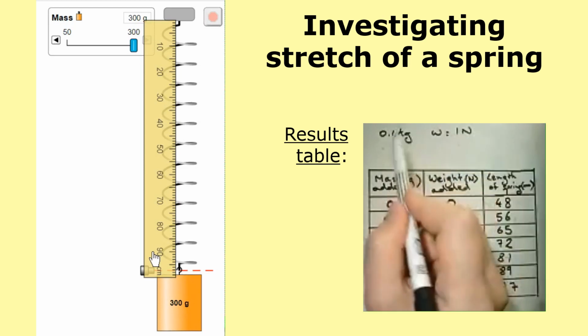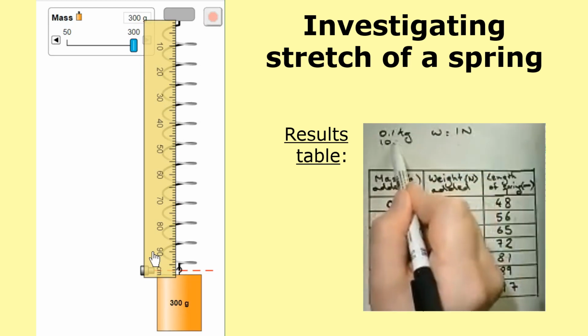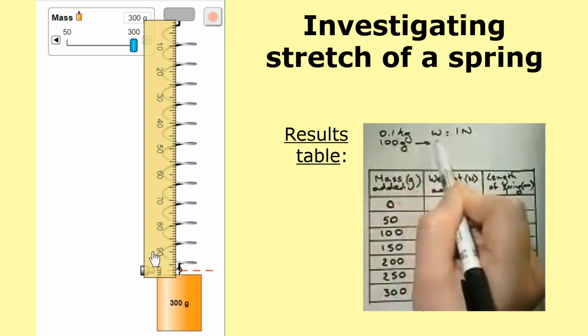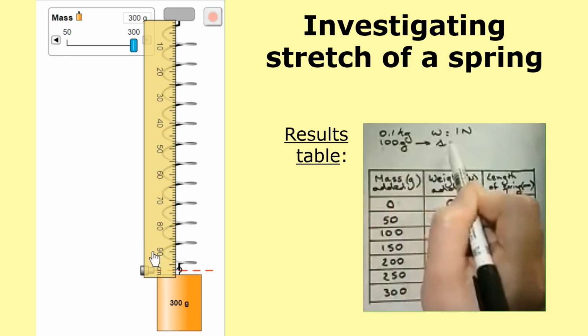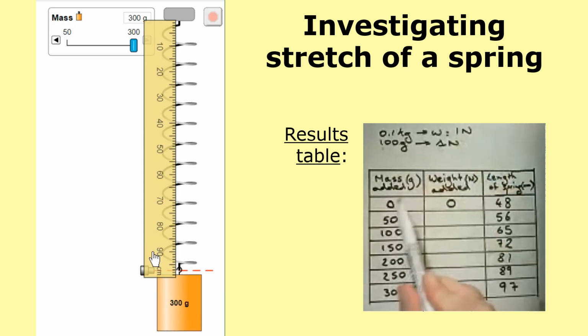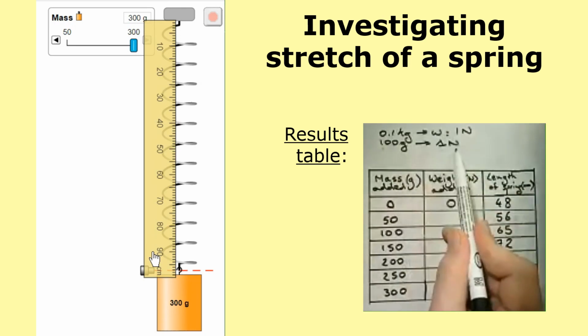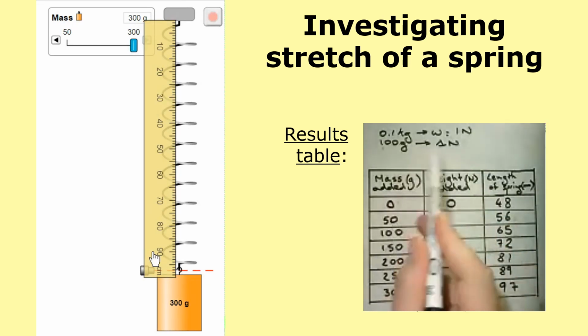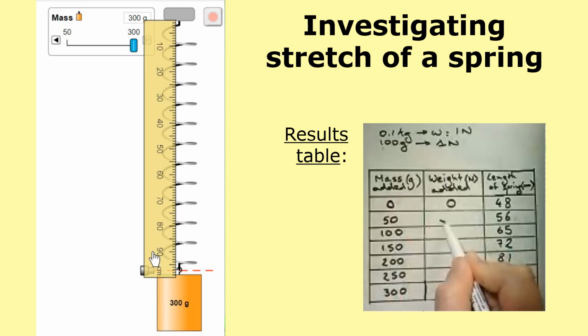Now 0.1 kilograms is actually the same as 100 grams. So 100 grams is equivalent to a weight of 1 Newton. Okay, so if 100 grams is 1 Newton, then 50 grams will be half of that. So 50 grams will be 0.5 newtons.